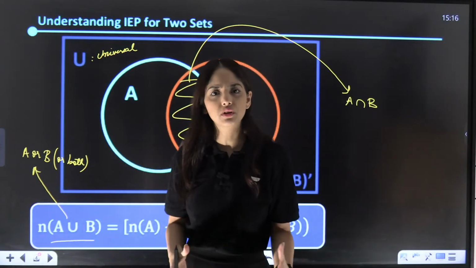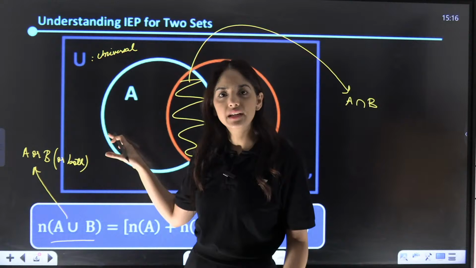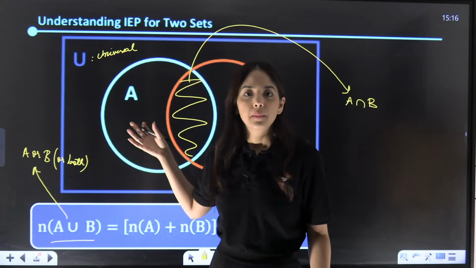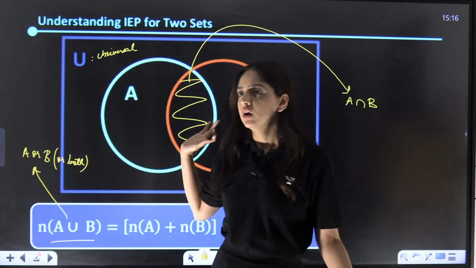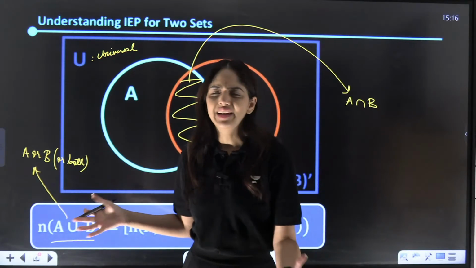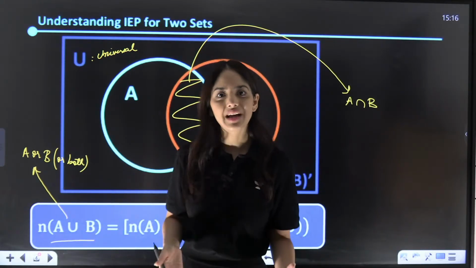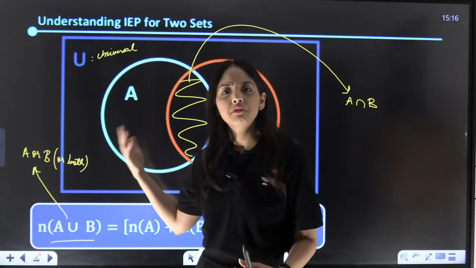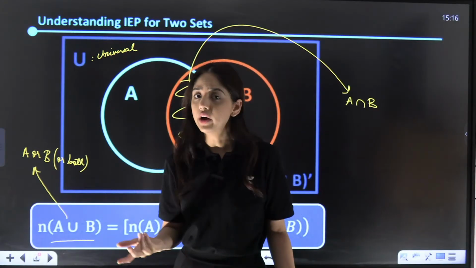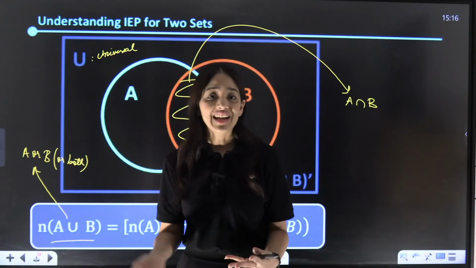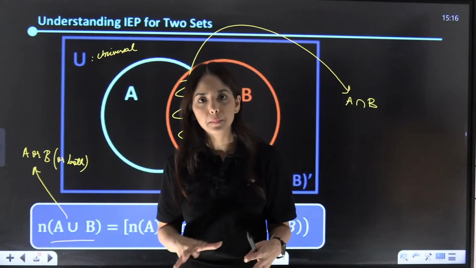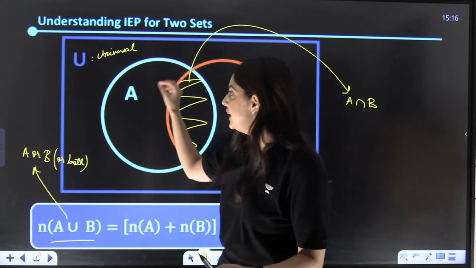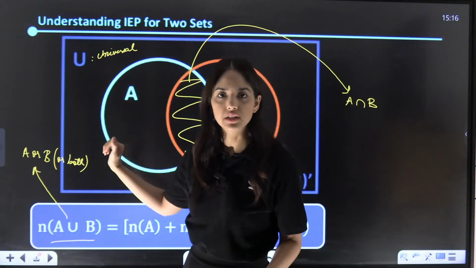For example, if A is all the maths teachers in your school, B is all the chemistry teachers in your school, and some teachers teach both maths and chemistry, the universal set could have been all the teachers in your school, or all the science teachers in your school, or all the science and maths teachers in your school. It can be anything, but all the elements of A and B are there in the universal set.